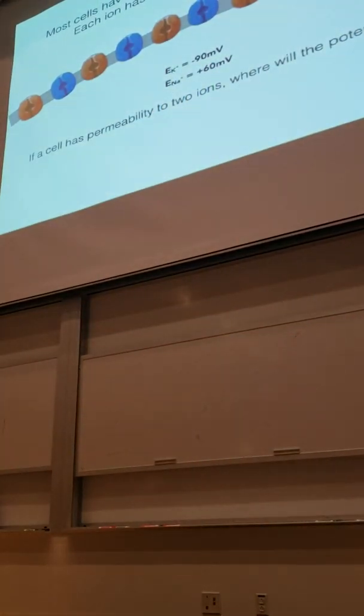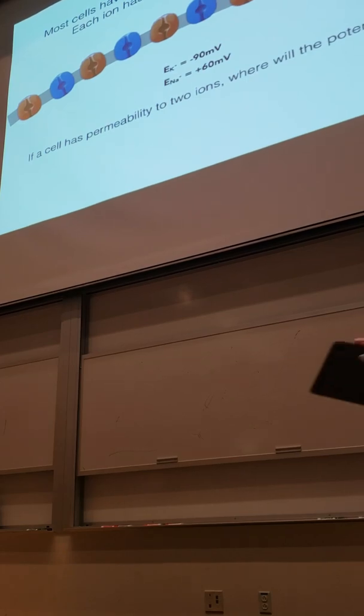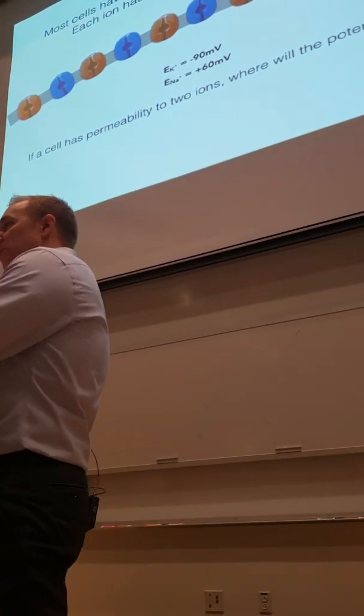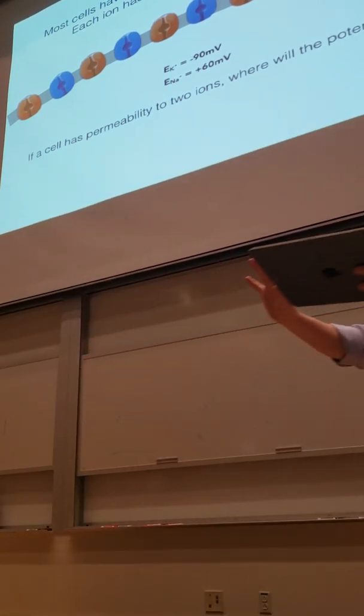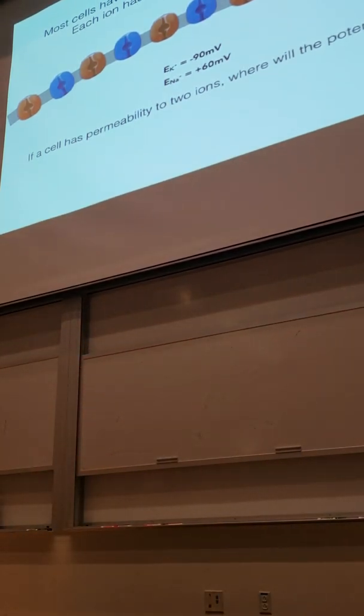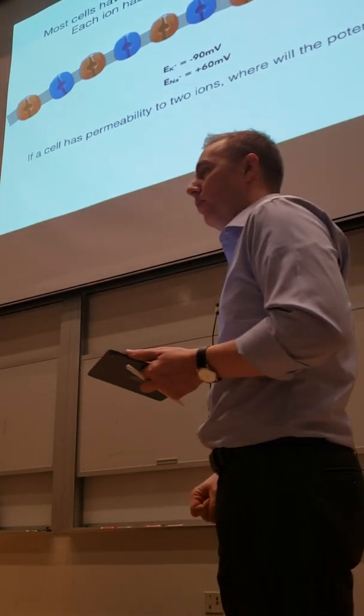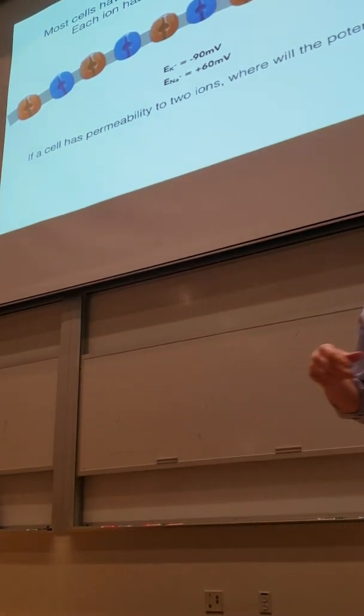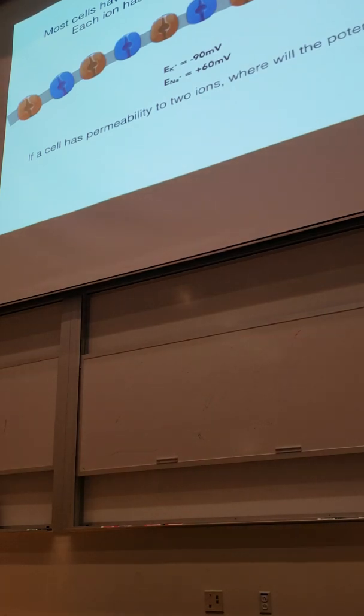We could calculate that we've got an equilibrium potential for potassium of minus 90 millivolts. Potassium tries to leave the cell, and as it does so, builds up a negative charge inside the cell, and that negative charge is why we say it's a minus 90. If we had nothing but sodium channels, we would have an equilibrium potential for sodium of about plus 60.